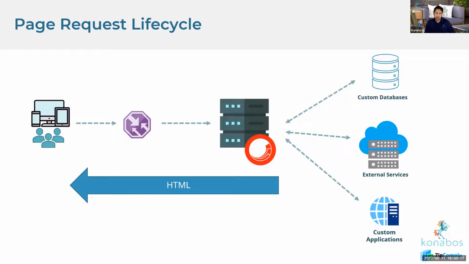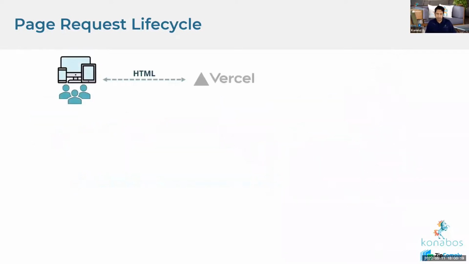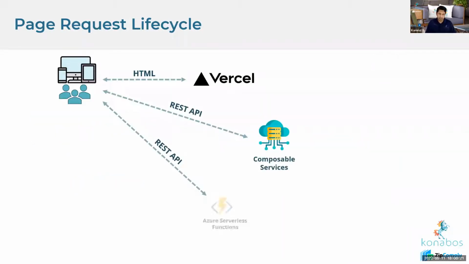The lifecycle with the Jamstack approach changes. We are pre-generating a lot of the pages or using incremental static regeneration. What that means is when the user requests the page, they are just given an HTML page, typically from the CDN. That's the only thing they're getting. Everybody gets the exact same response.